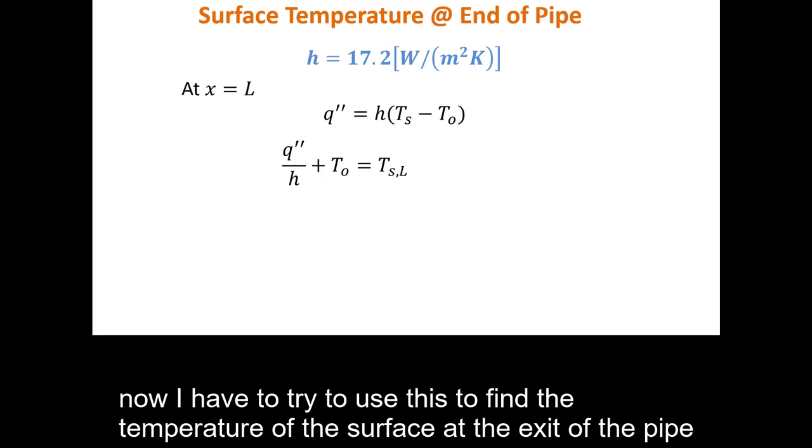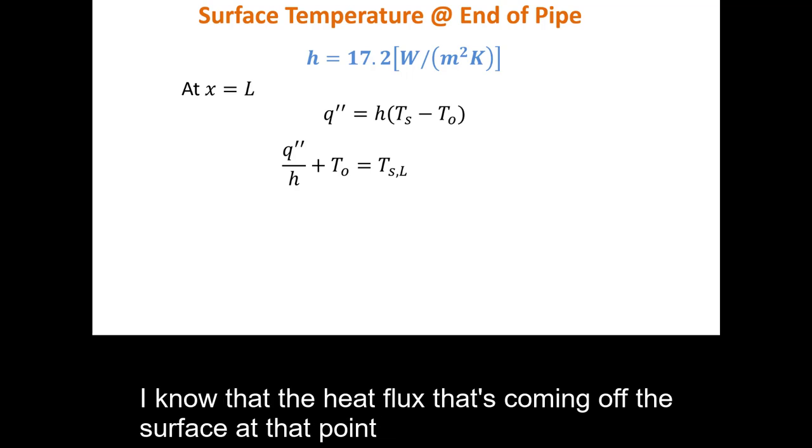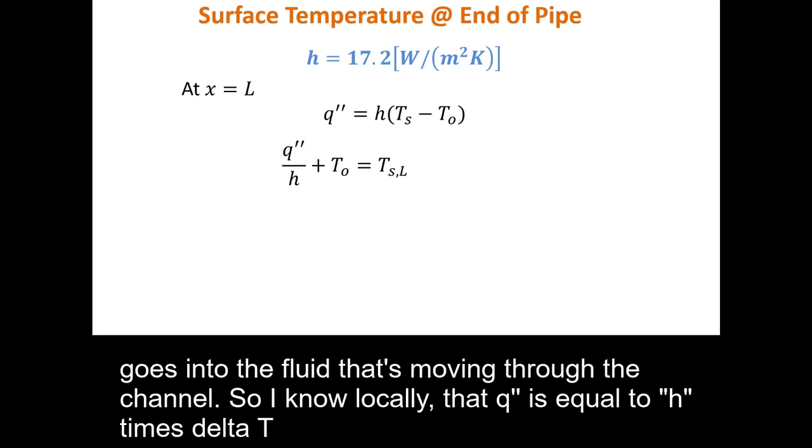Now I have to try to use this to find the temperature of the surface at the exit of the pipe. So at a distance of x equal to L, I know that the heat flux that's coming off the surface at that point goes into the fluid that's moving through the channel.